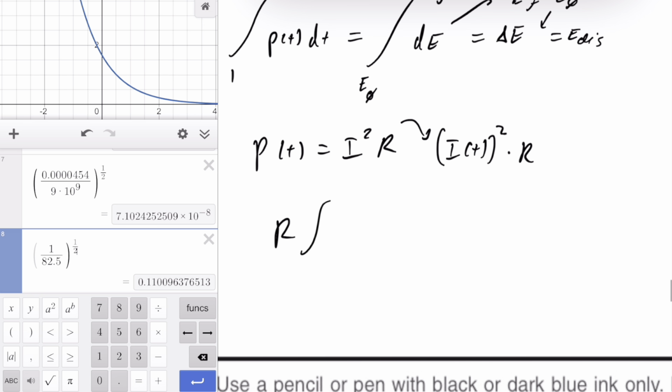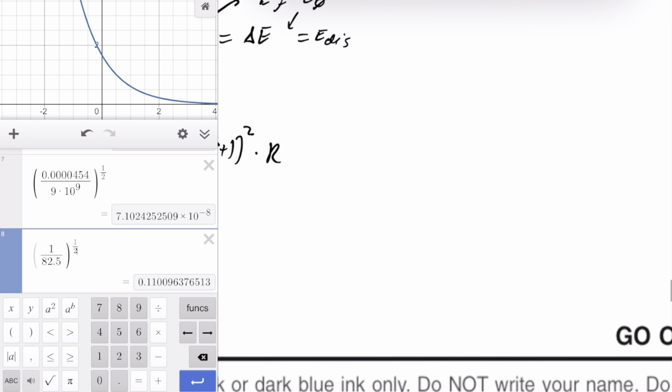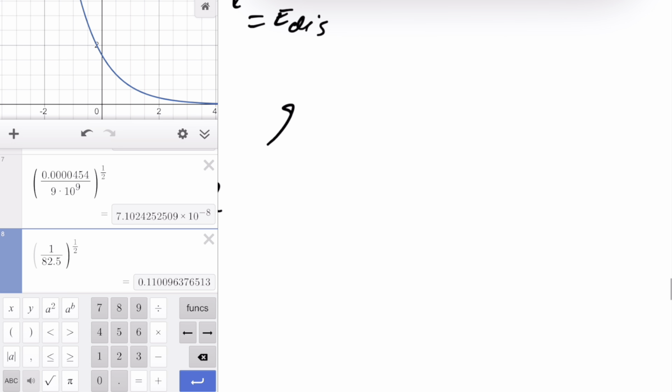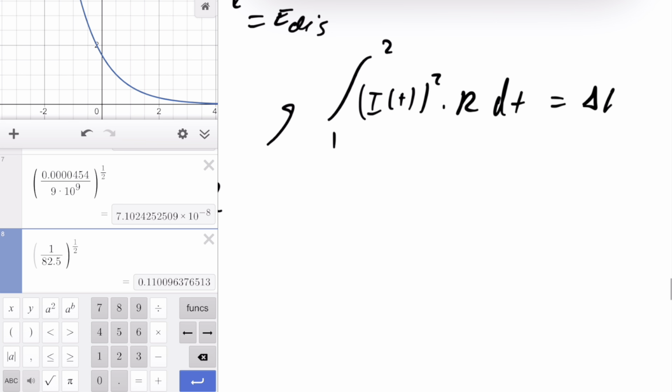Because if I'm plugging in my P of t, this will take us here. Now this integral becomes the integral from 1 to 2 of I of t squared times R, which is a constant, dt, which has to equal the energy dissipated.